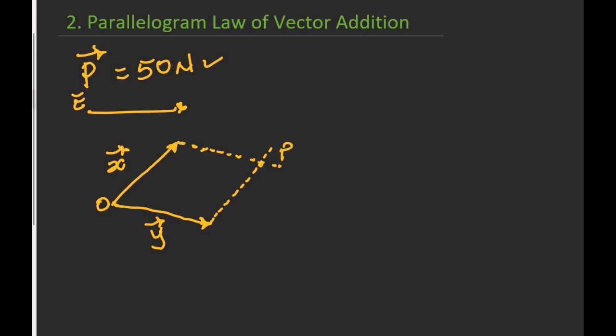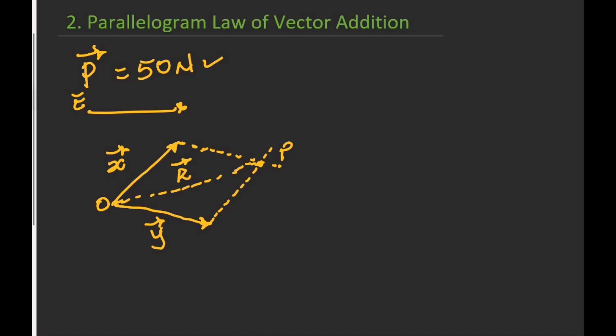Let this be P. The diagonal, which is the distance from this point O down to this P, is known as the resultant vector. That's how to calculate the resultant vector. So now I want you to define the resultant vector, which, like what I've done, we need the parallelogram law of vector addition. That's what I showed you.